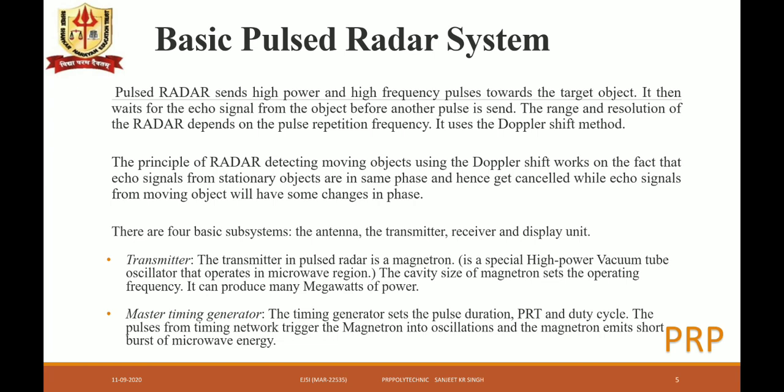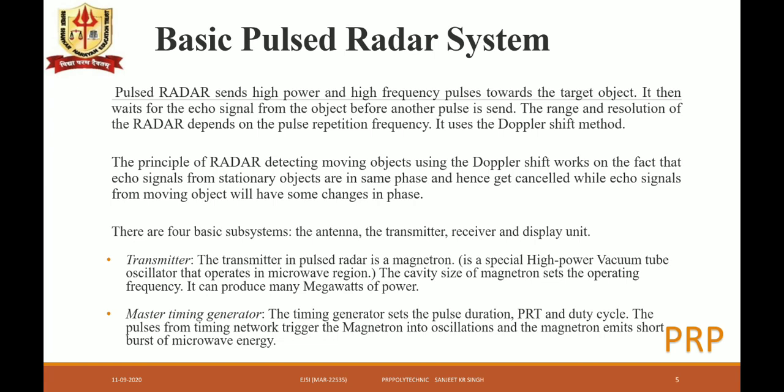PRT is the time between the two pulses, and duty cycle is the ratio of the pulse width W to PRT, that is pulse repetition time. So W by PRT will give the duty cycle or duty ratio, multiplied with 100 will be the duty cycle in percentage.